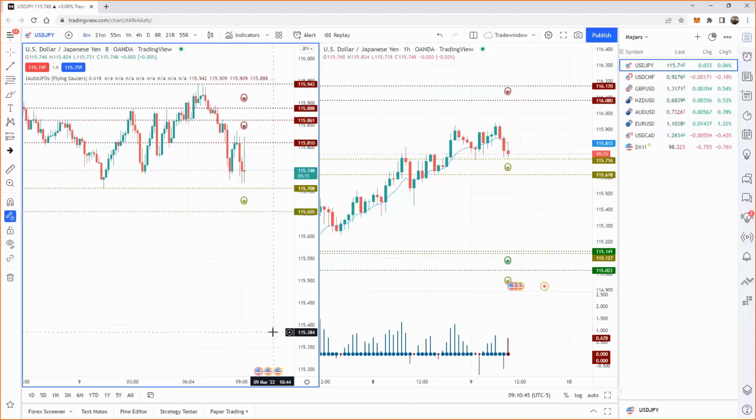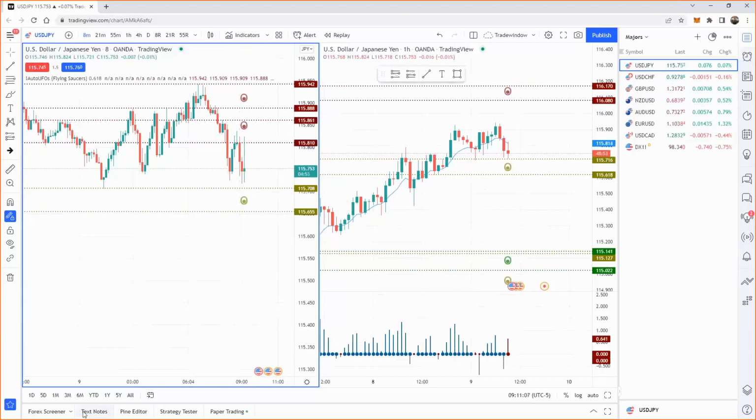And the way we do that is by looking at this left-hand chart and looking at these UFOs, these unfilled orders. And we're trying to see if they overlap with the 9 moving average from this chart here, the 115.813. And obviously there is a UFO right here.